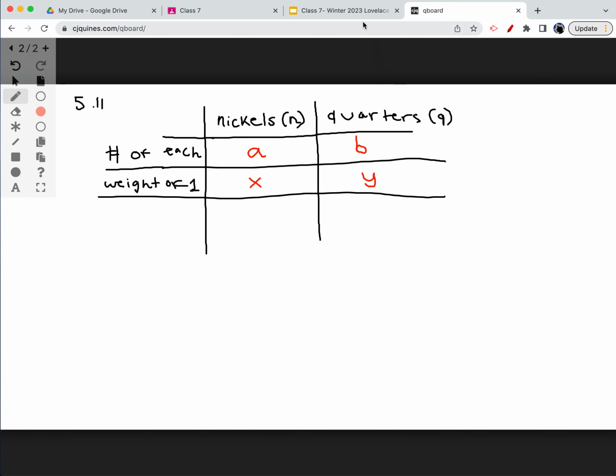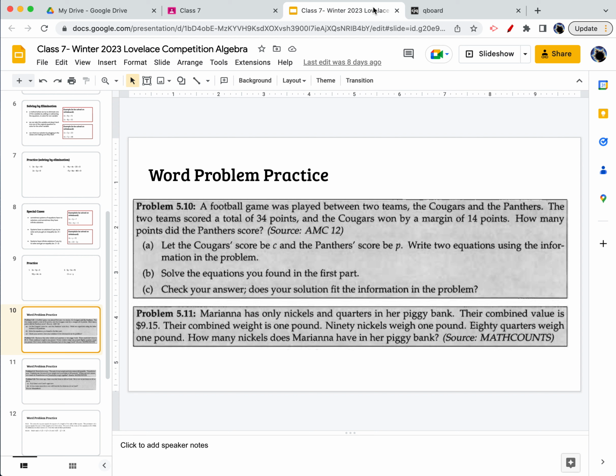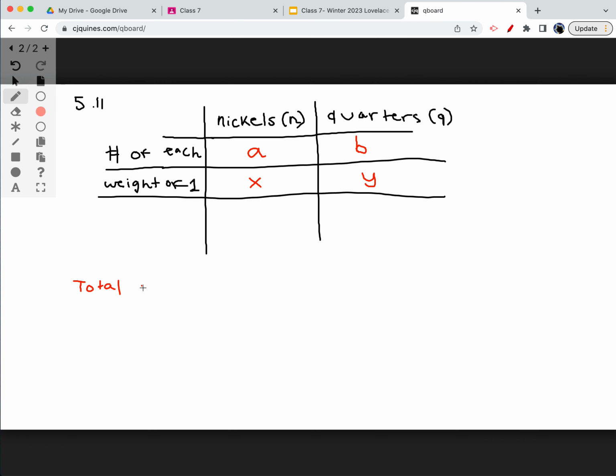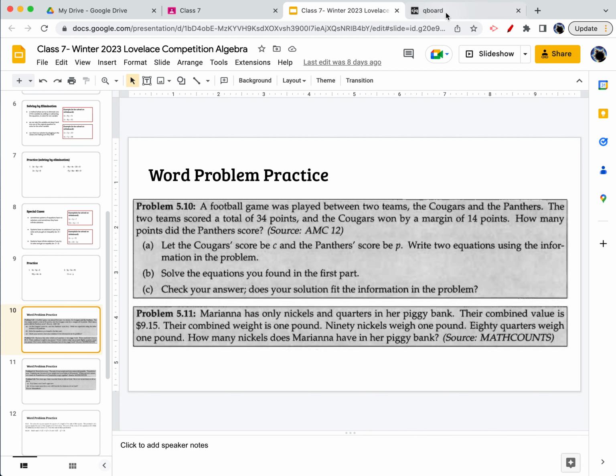Okay, so it says that the total value is $9.15, and the total weight is 1 pound.